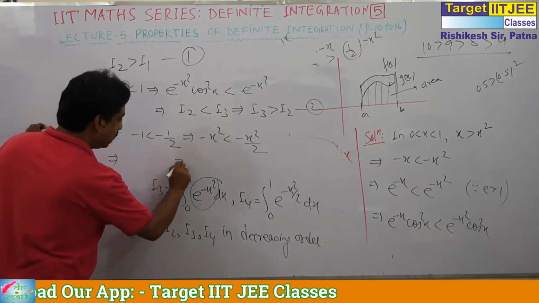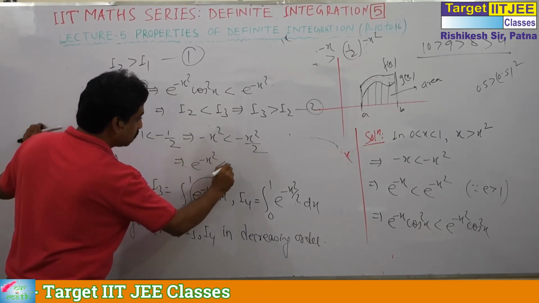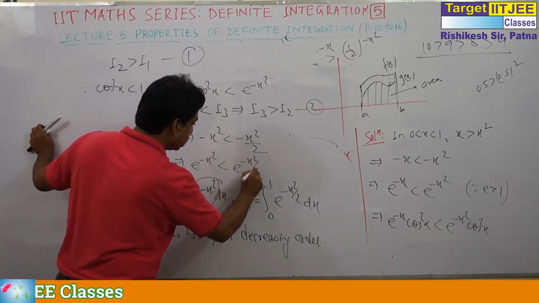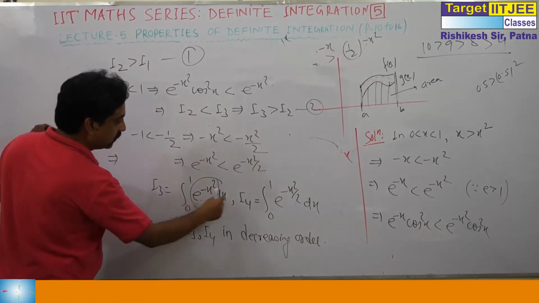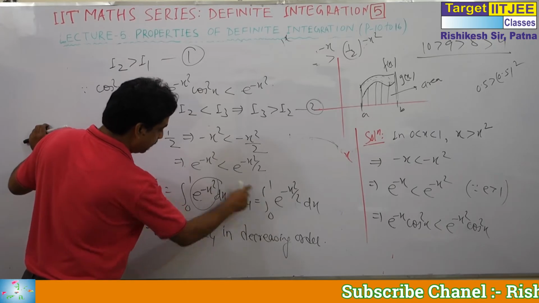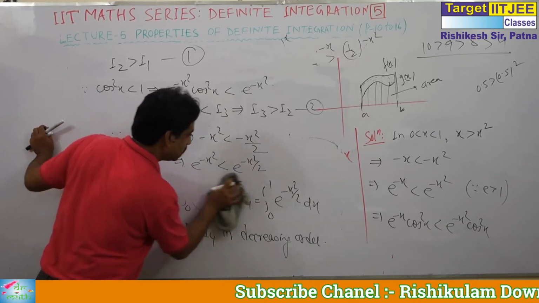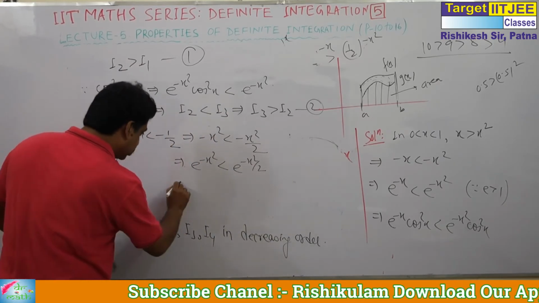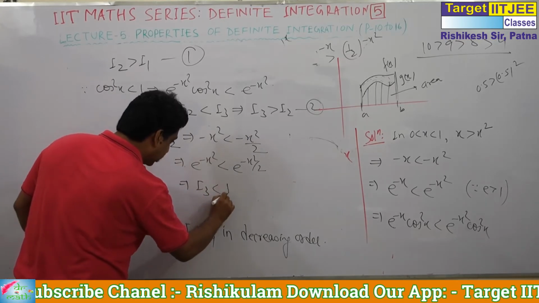This means e to the power minus x square is less than e to the power minus x square by 2. This is I3, this is I4. This is greater, this is less. So I4 is greater and I3 is less, that is, I3 is less than I4.